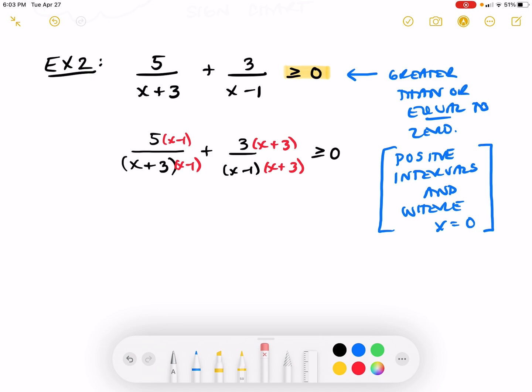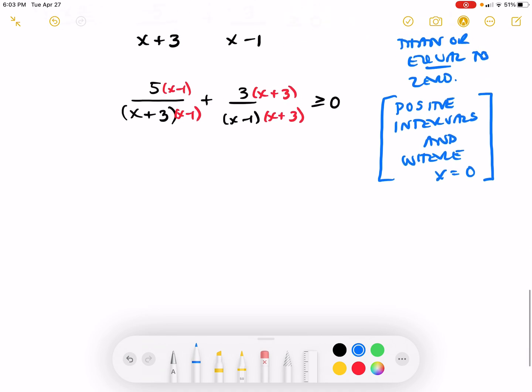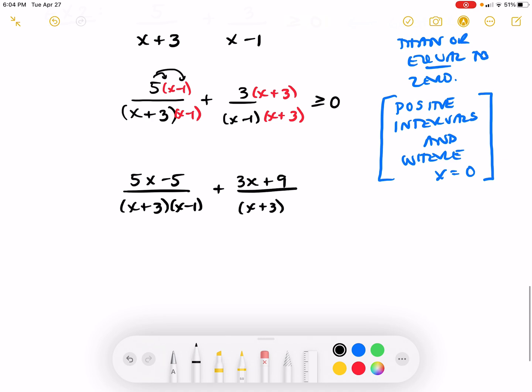All right, so let's go ahead and continue on with our common denominator. So this is going to be 5 times x minus 1. You know what, I'm going to actually do this. Let's just go ahead and distribute just so we can kind of condense some steps. This numerator is 5x minus 5 over the common denominator. And this numerator is 3x plus 9 over the common denominator.